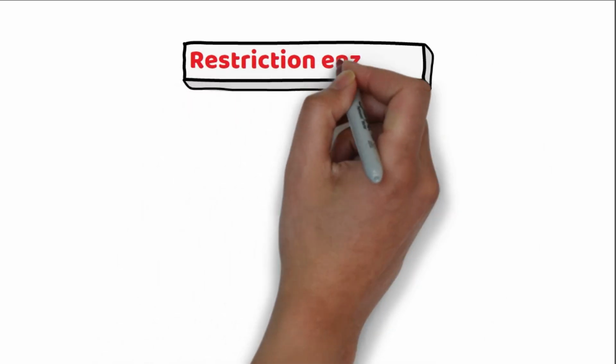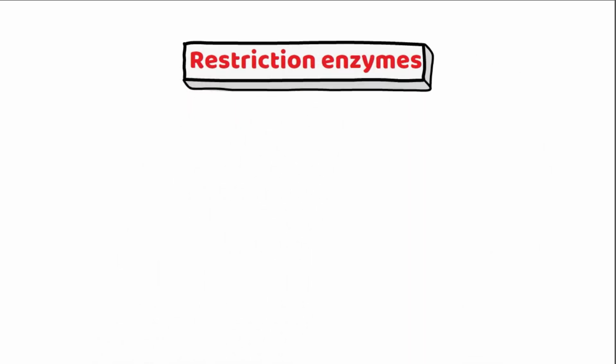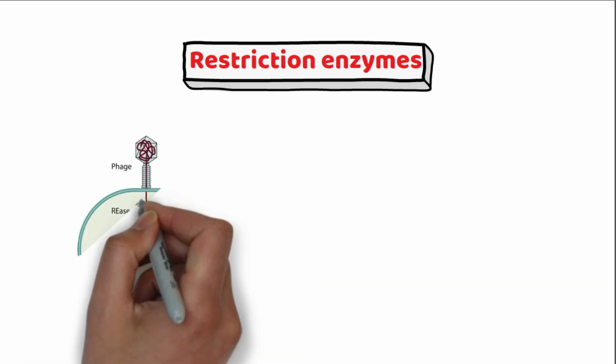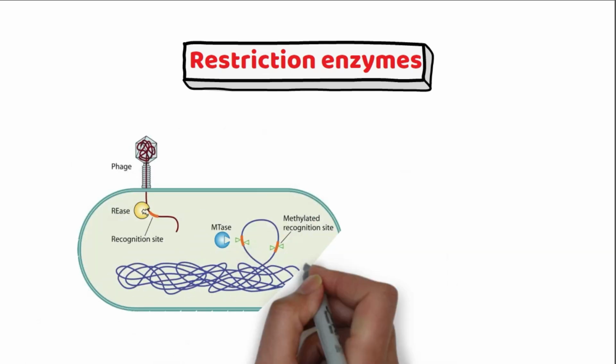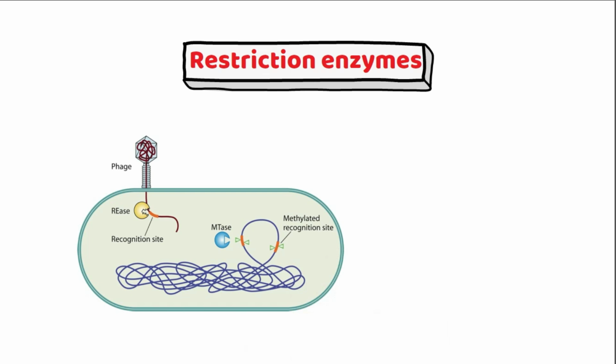Something interesting in our topic, in our video about restriction enzymes. What is meant by restriction enzymes? Restriction enzymes are a group of enzymes found in bacteria, where the bacteria use these restriction enzymes to cut foreign viral DNA into small pieces, rendering it functionless.